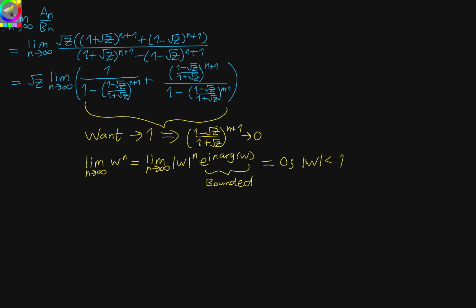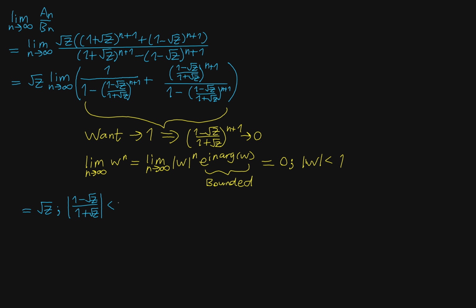So that means that our original limit will approach the square root of z so long as the absolute value of 1 minus square root of z over 1 plus square root of z is less than 1.